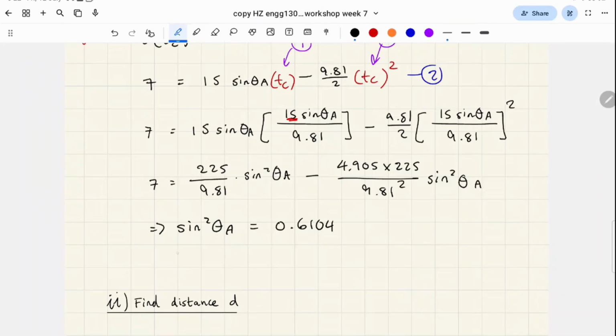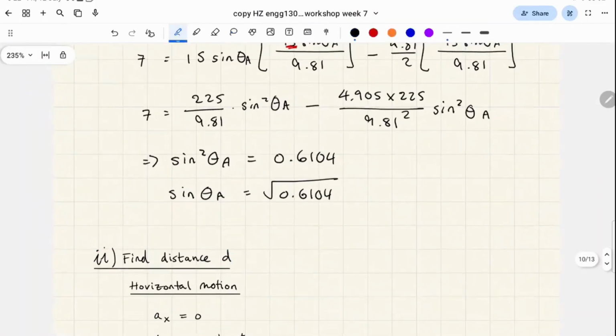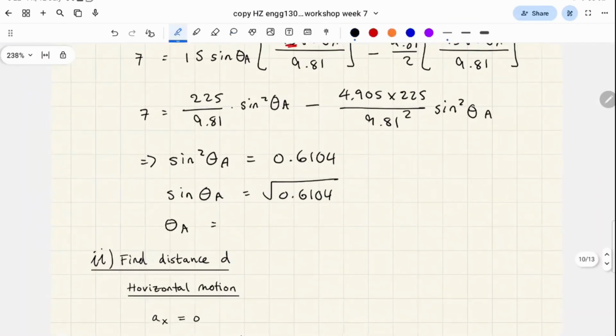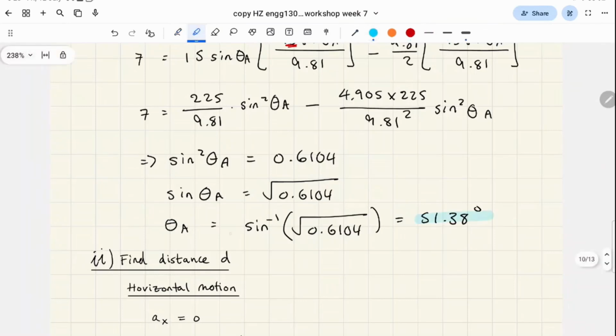You can square root both sides, and we basically do sine to the -1 of that, which gives us 51.38 degrees. Again, this is not representative of a typical projectile motion question. I just can't find a good one. This is a difficult one.